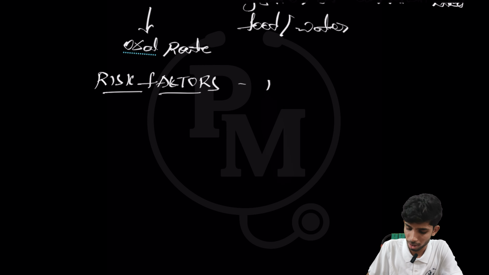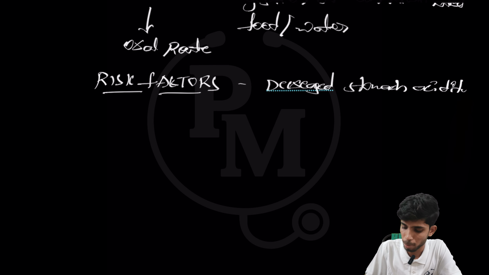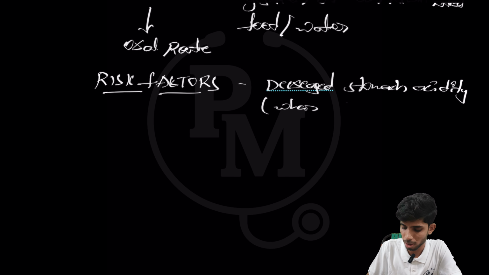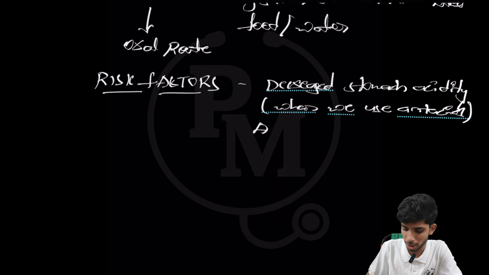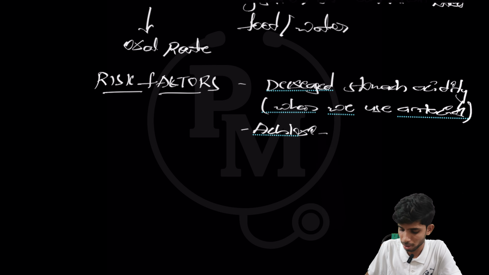Risk factors are decreased stomach acid, when we use more antacids, and a condition like achlorhydria. Achlorhydria means there will be no HCl in the stomach.